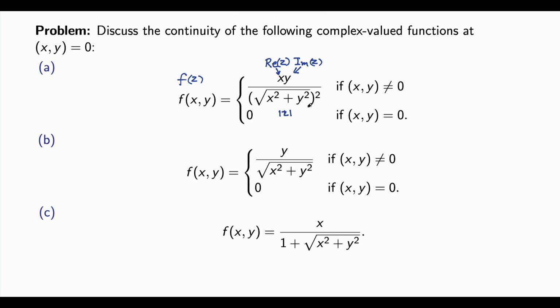So if you see, how to define, it's going to be this. Because mod z is square root of x square plus y square, so mod z square is going to be x square plus y square.